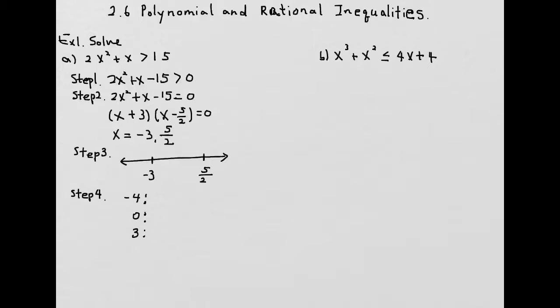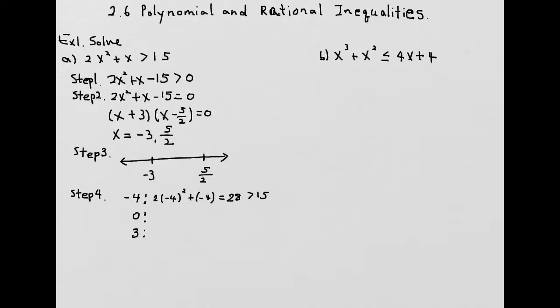So what happens when you replace x with negative 4? You get 2 times negative 4 squared plus negative 4, which gives you 28. And we know that 28 is greater than 15.